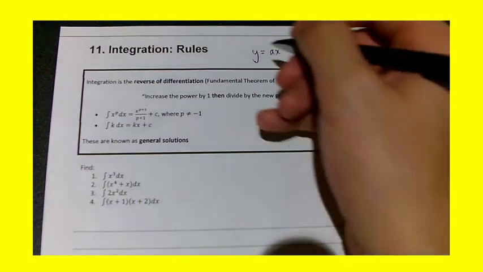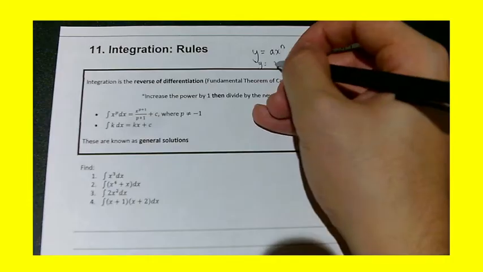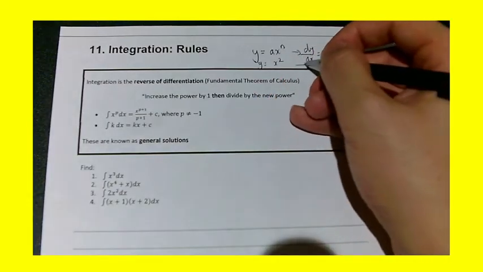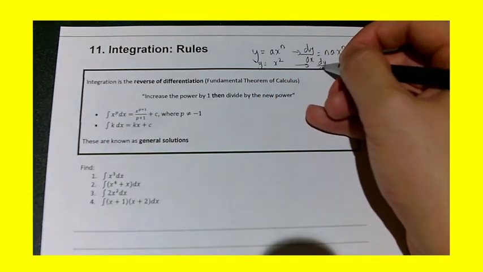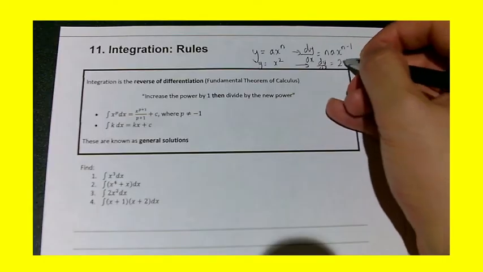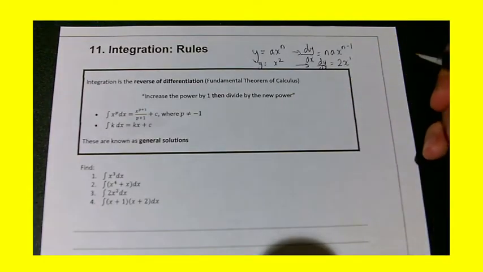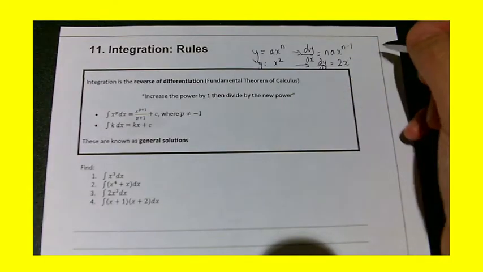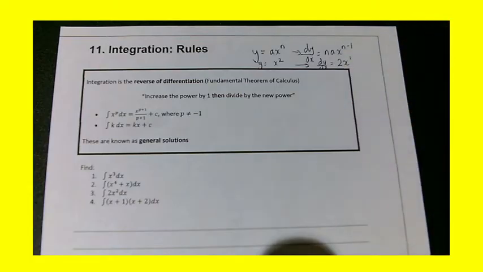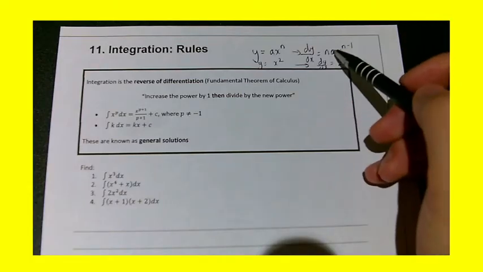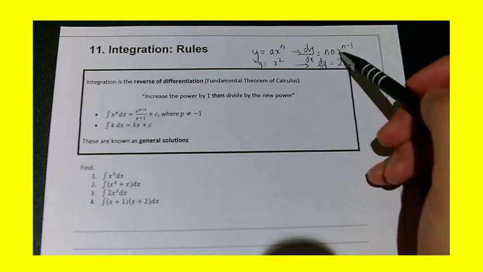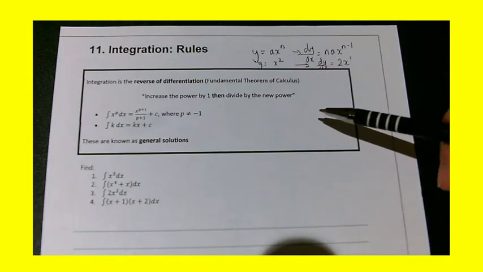So if you had, remember, x squared, that would differentiate to 2x to the 1. So integration is the opposite process. It's about going from the derivative back to the original y equation.